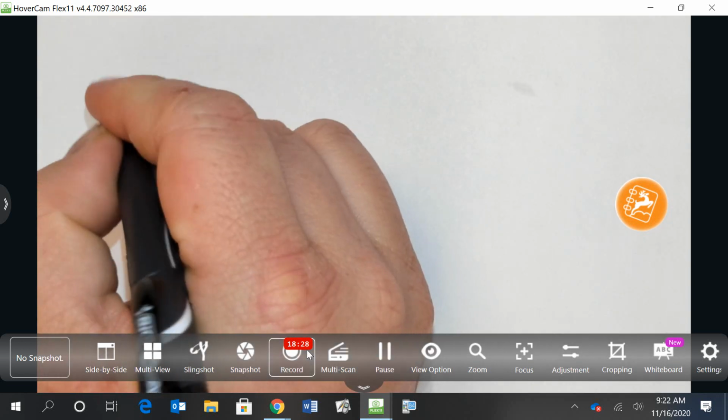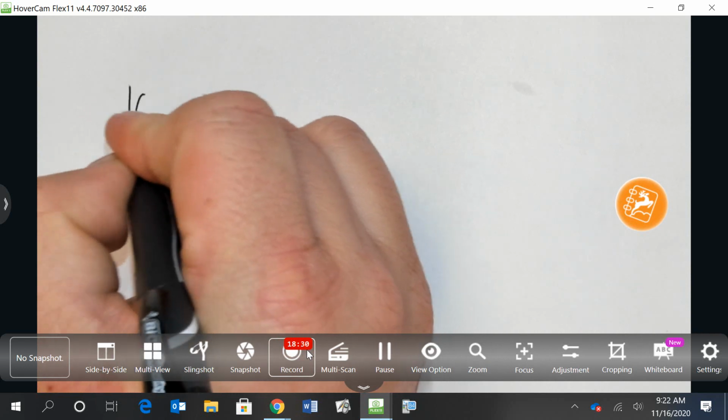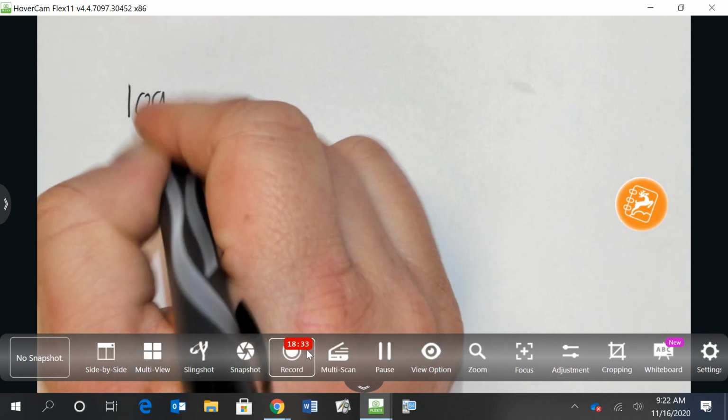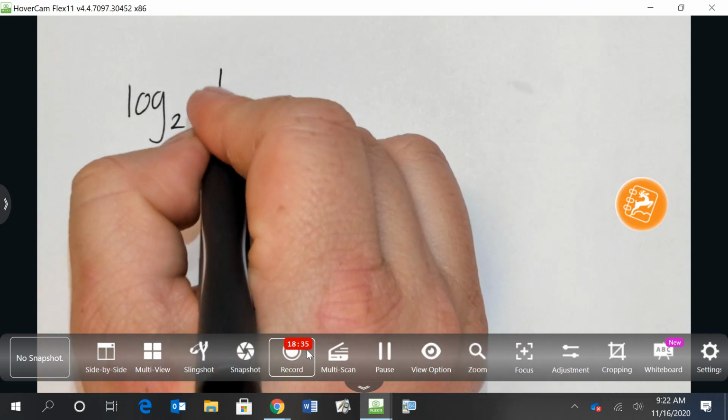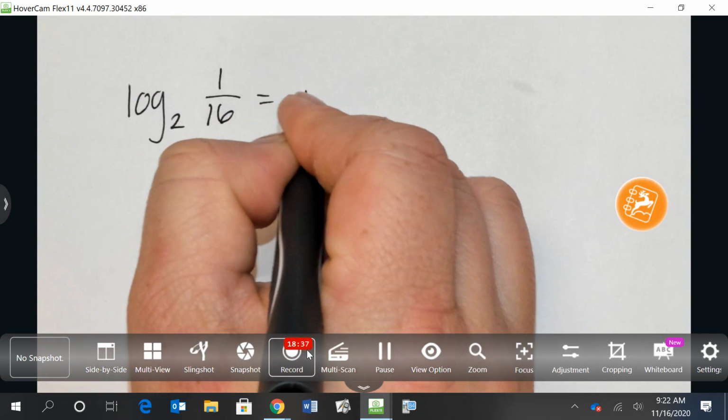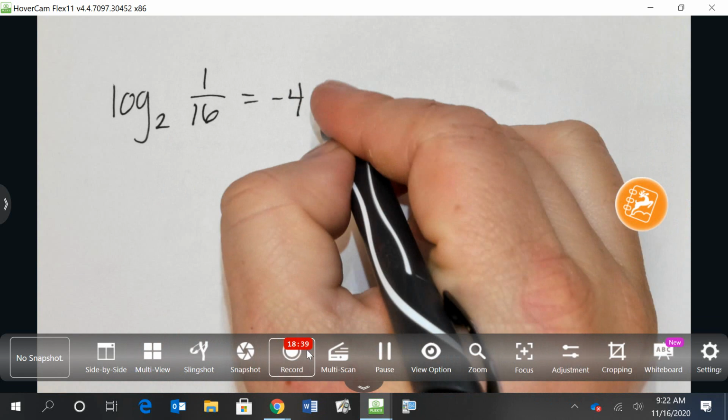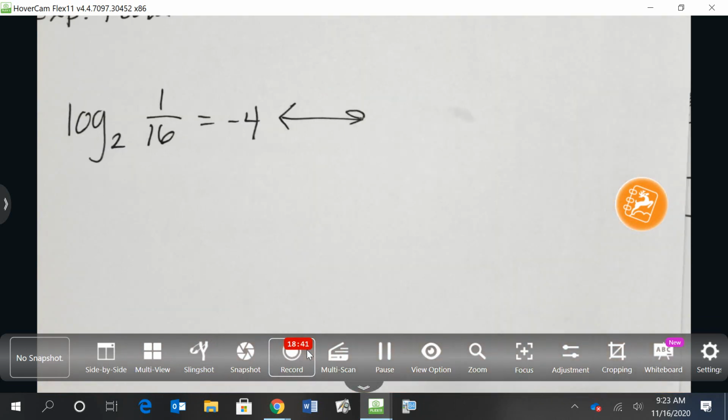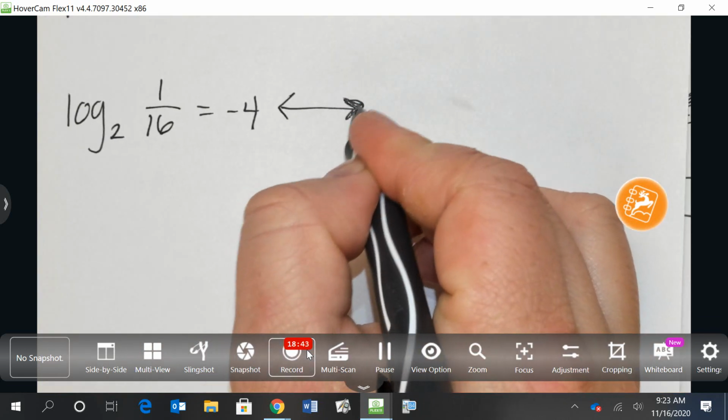Okay, here we go with the next one. Please rewrite this in exponential form. This is logarithmic form. Please rewrite this in exponential form.